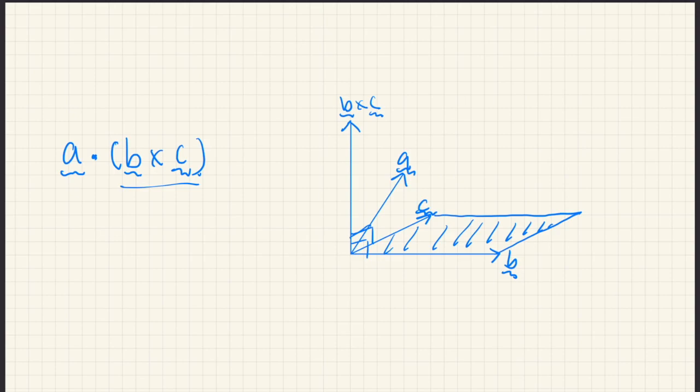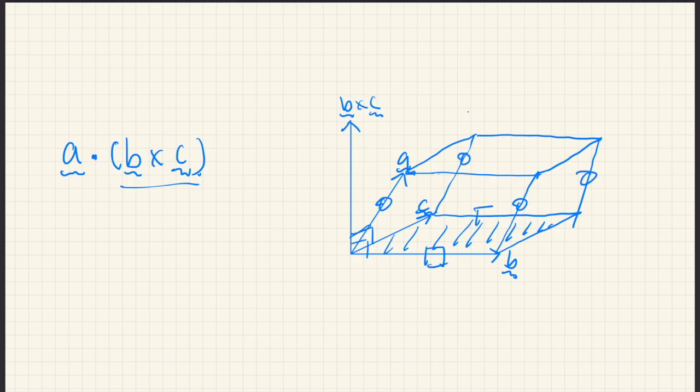Now, if we add one more vector A, then these three vectors A, B, and C define a solid shape called a parallelepiped. Something like this. So this edge is parallel to this and this and this, and this edge is parallel to this and this and this, and this edge is parallel to this and this and this.